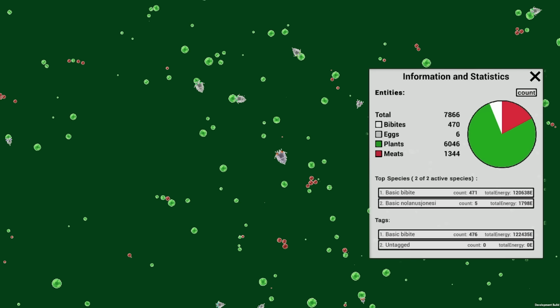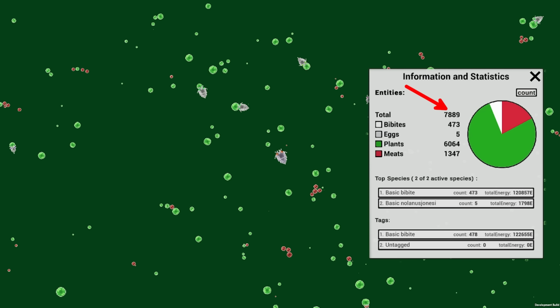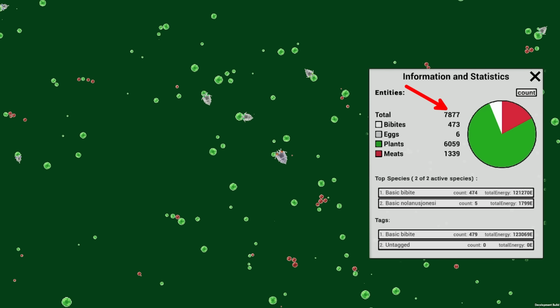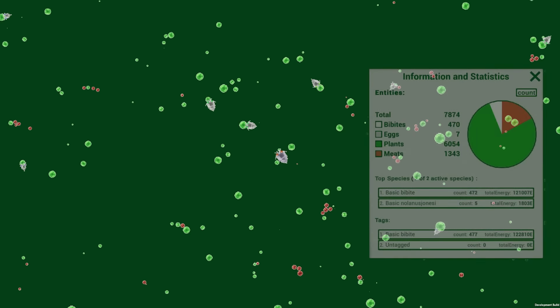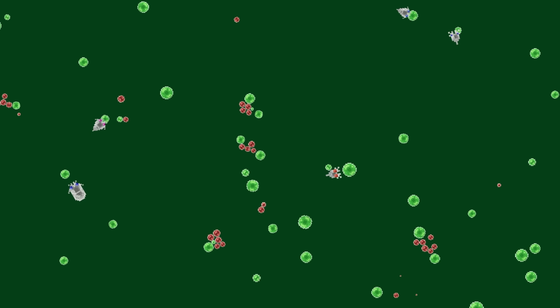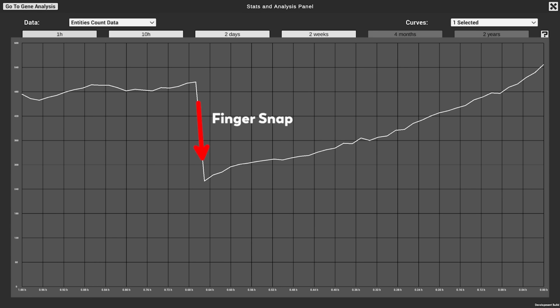Since the biggest strain on the simulation is the number of entities, we need to reduce that number. We have the option to Thanos snap half of the population instantly, which would help the performance, but would only be temporary, as they would immediately start repopulating up to the environment's carrying capacity.